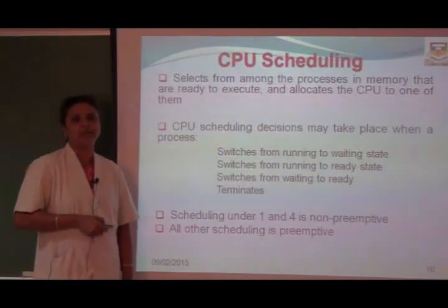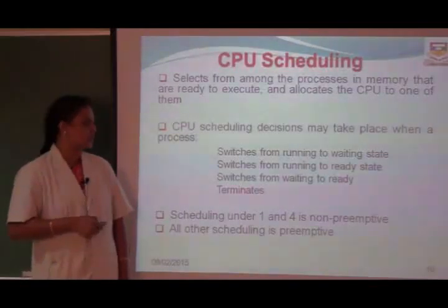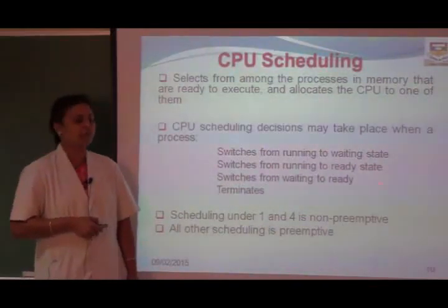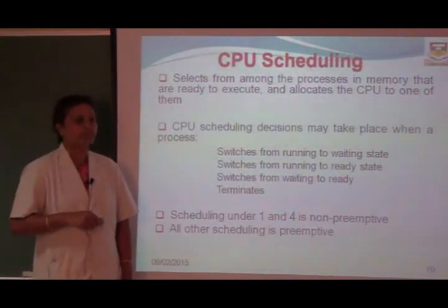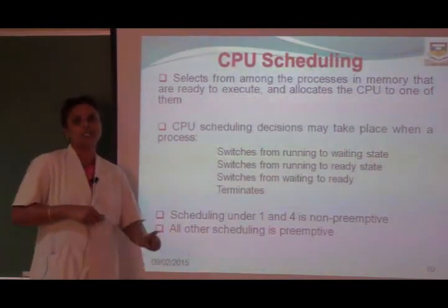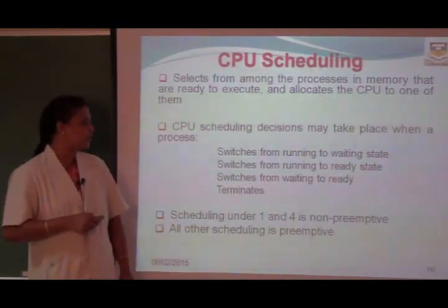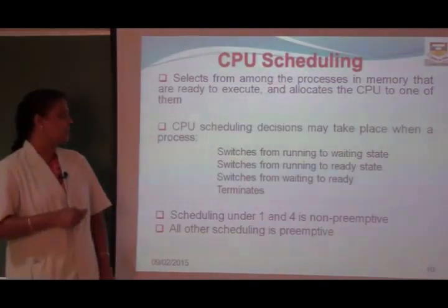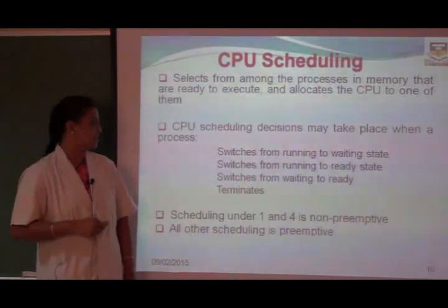After its I/O operation is completed, that process goes to ready state, that is, the process is ready for execution, waiting to get the CPU. And once a process execution is completed, terminated, automatically the CPU should be allocated to another new process. So in these four conditions, CPU scheduling decision must be taken.